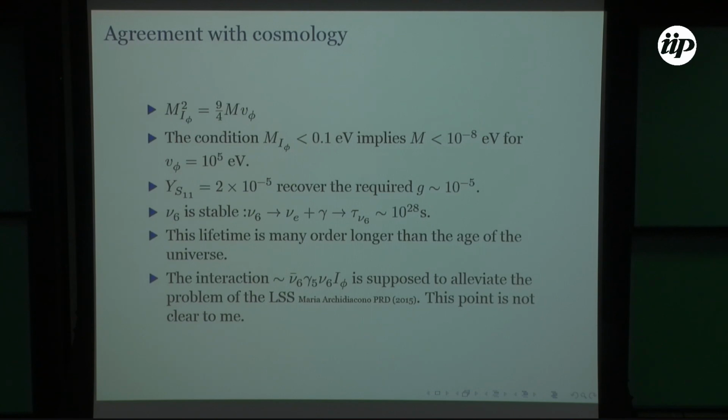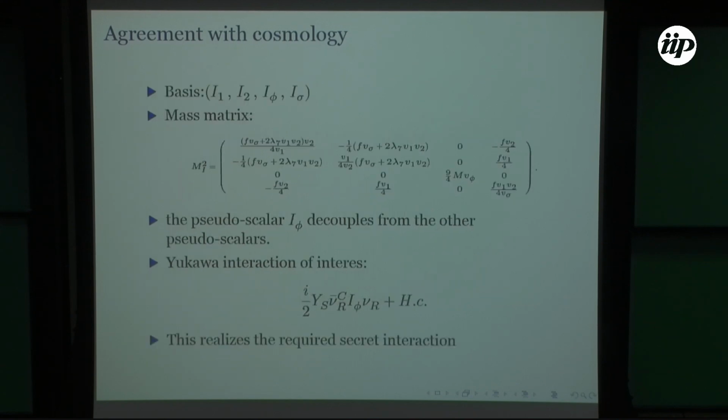In order to avoid the cosmological constraint, we need this interaction with a very, very, very light scalar and with a very small coupling, 10 to the minus 5. This comes from the cosmology.